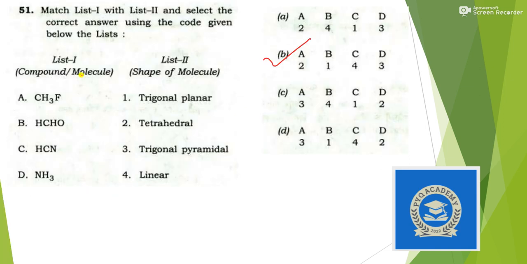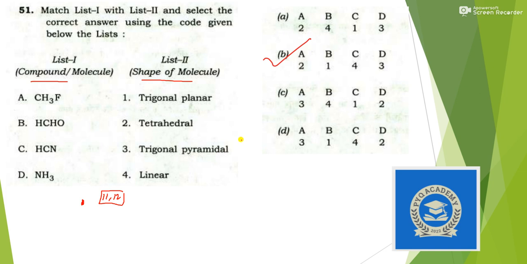In the first question you can see that in one column the compounds or molecules are given, and in the other column the shape of the molecule. So this is a question from chemistry of class 11. It is tough especially for arts students who never read all this during 11th and 12th, because they read only arts, so they cannot solve this question.